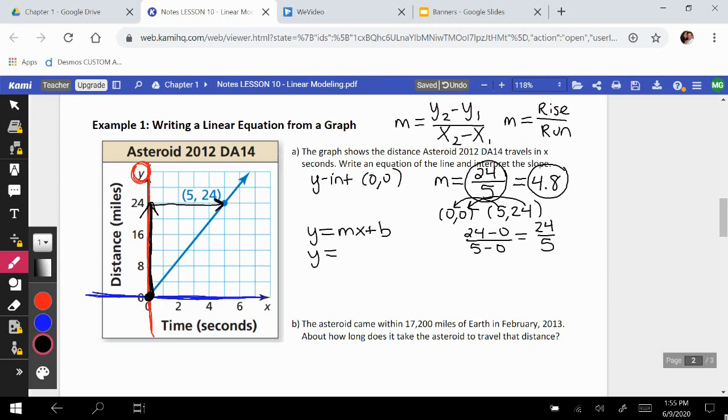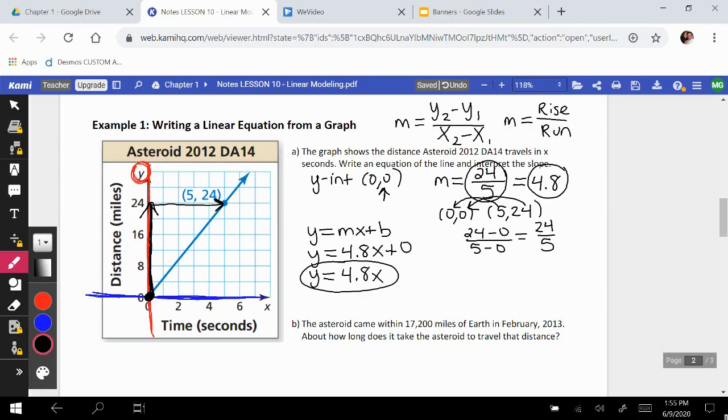The slope was 24 fifths, or you can put 4.8. I like decimals for real world contextual situations, as long as, like I said, it's a terminal decimal that stops, it's exact. Plus b, well my b value is 0, so really I don't have to put the plus 0 on there. 4.8x is fine.